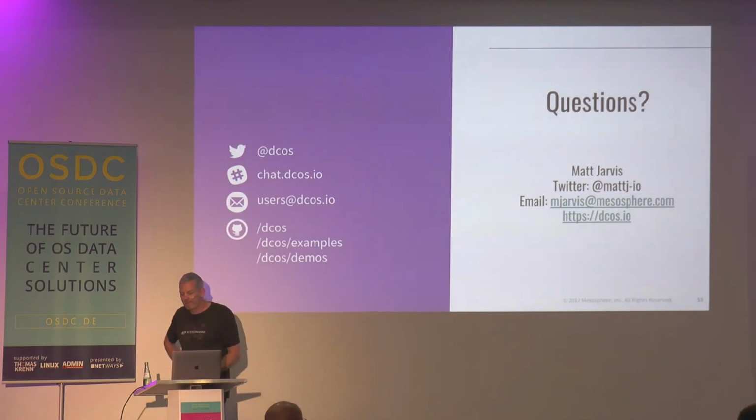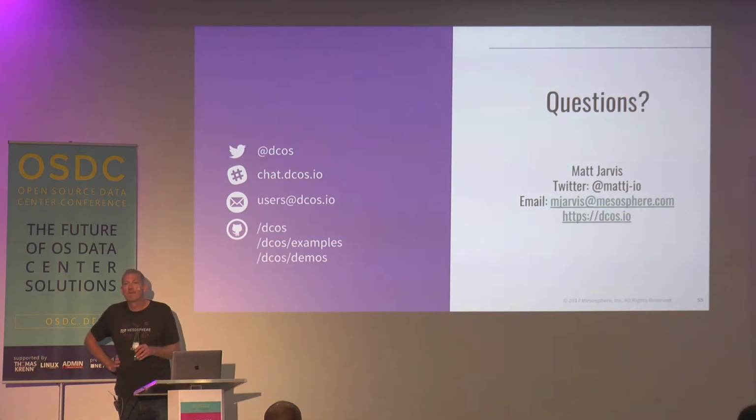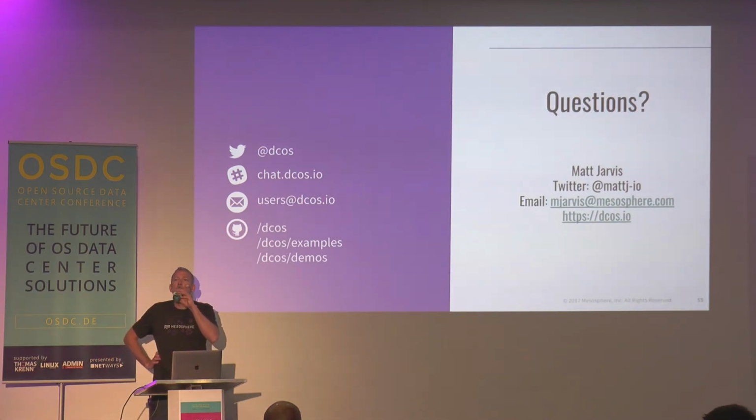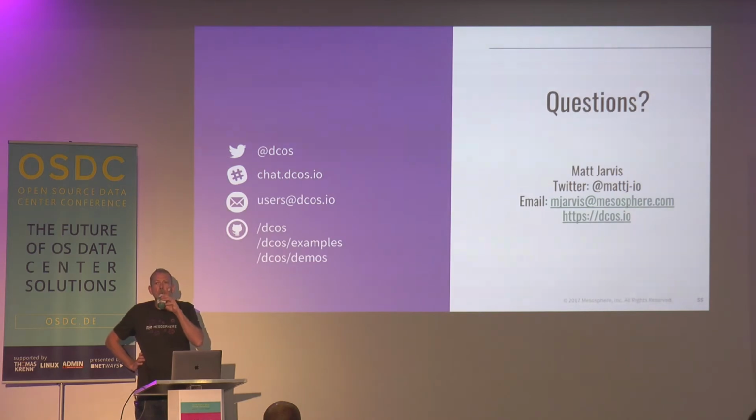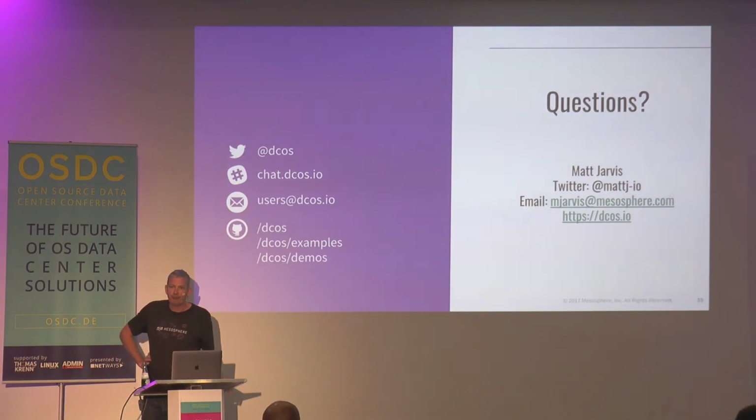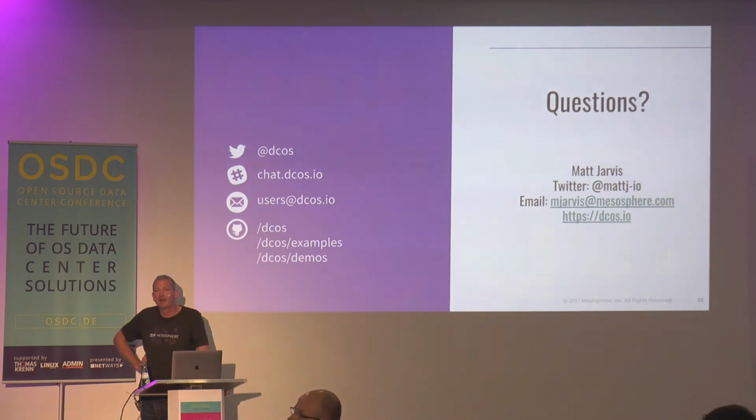Any more questions? You had a slide where you had various images that were supported, including Elasticsearch. And you said something like this is officially supported by Elastic. Well, a lot of those packages are created by the companies who produce that software. Ah, well, that's okay. We can take that offline.